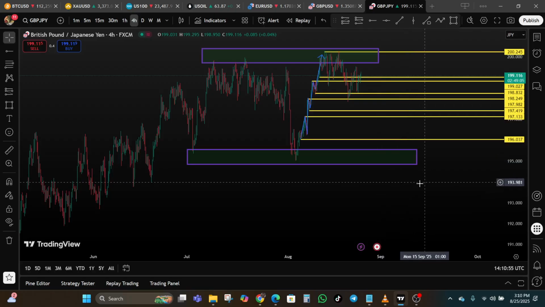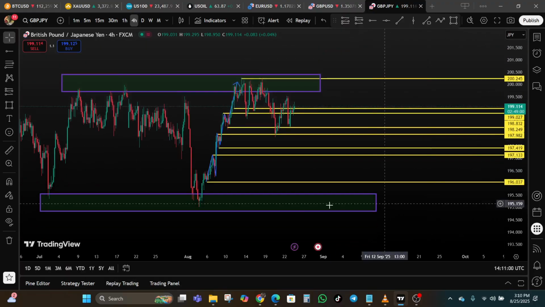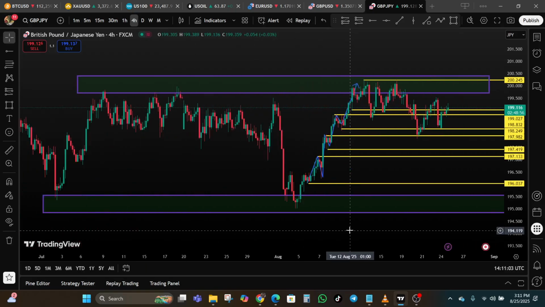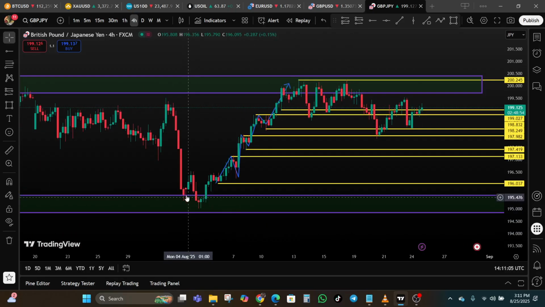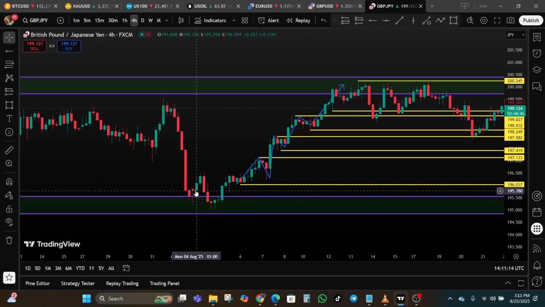You just have to target the next support or resistance zone. So let's say, for example, we found this rejection candle here. Look at the lower wick. Because of this long lower wick, it's a rejection candle, because the price initially dropped all the way down here and the bulls pushed it up.